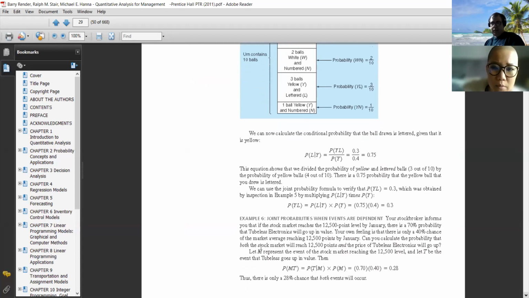This is example 6. Oh, joint probably. I don't think I have that, but join.